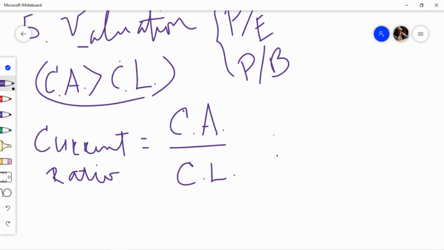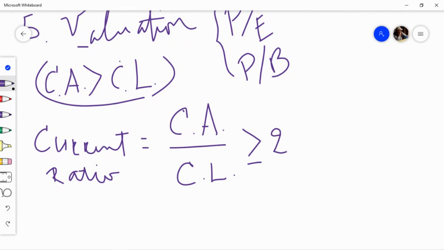Just being greater means this ratio will be greater than 1, right? If it is greater than 1, is it acceptable? No, this is not acceptable, right? The bottom line is it should be greater than 2, at least equal to or greater than 2.